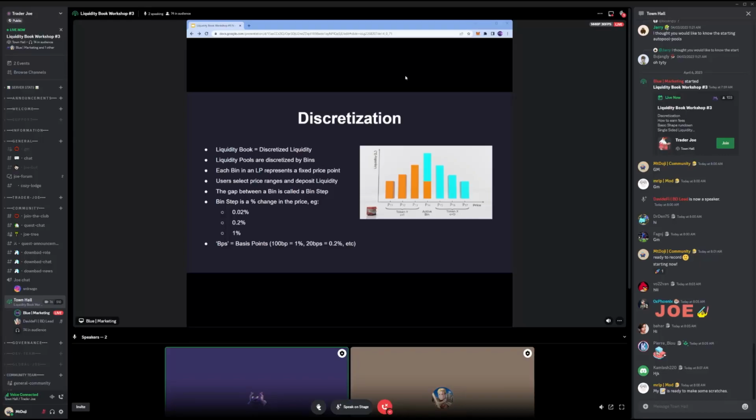Now, it's discretized because the discretization refers to essentially the gaps between those bins. You can see on the graph and that visual, there are 7 bins with liquidity in, and there are gaps between them. That is a picture of the actual architecture of a Liquidity Book pool. There are gaps between these fixed price points. And we call these gaps a bin step.